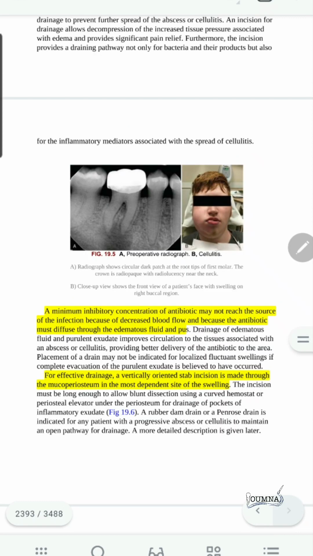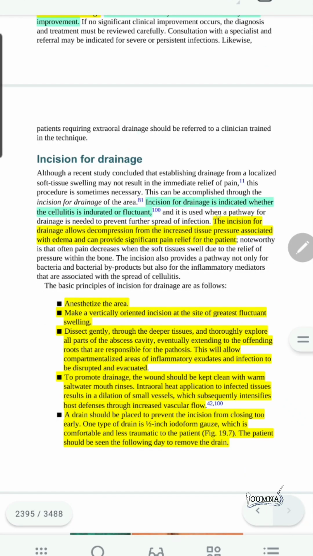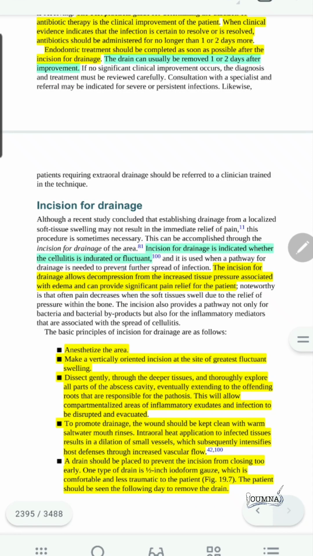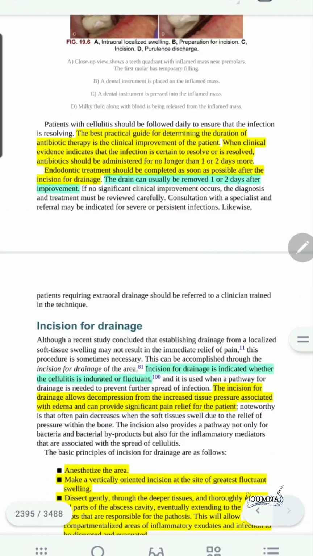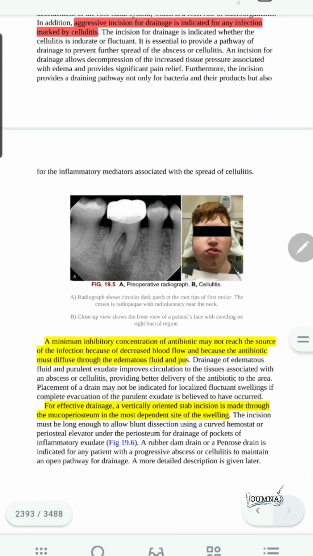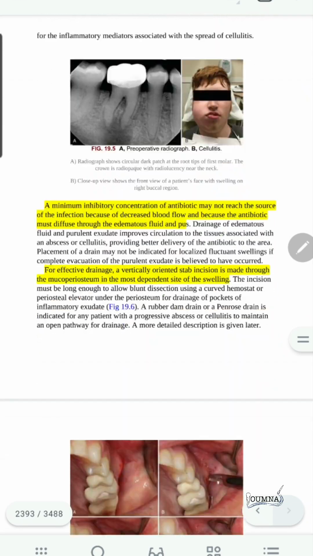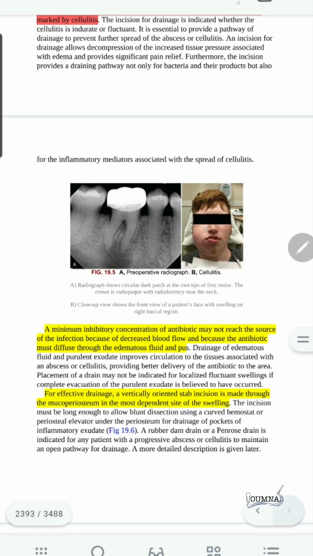So, how do we manage these cases? Here they are saying that incision and drainage is indicated whether the cellulitis is indurated or fluctuant. As I have been taught before, when the pus is still hard, which means indurated, it should not be touched until it reaches the fluctuant stage, when we can see that the skin is a bit wavy.